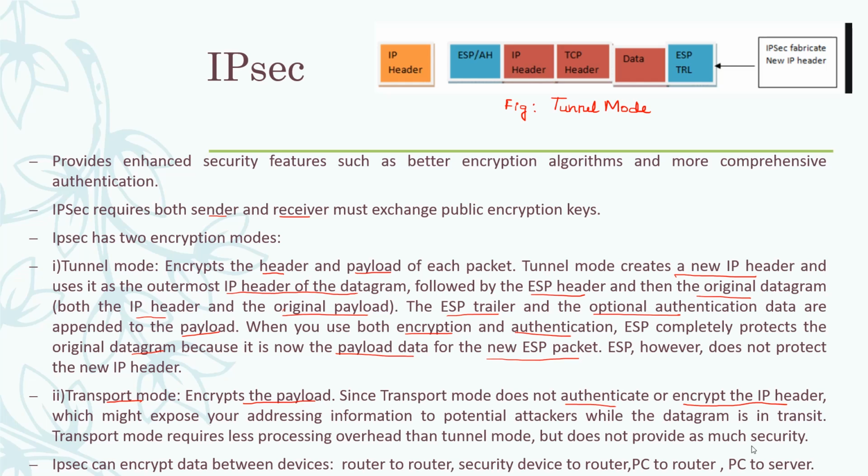The attacker can see the IP addressing. But the transport mode requires less processing overhead than the tunnel mode, though it does not provide much security.